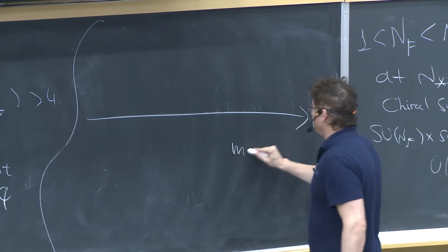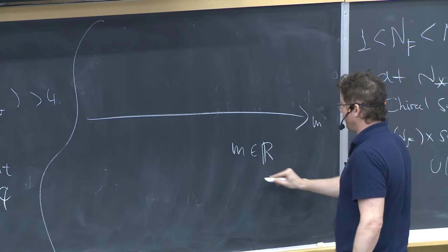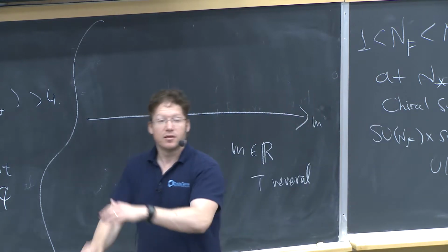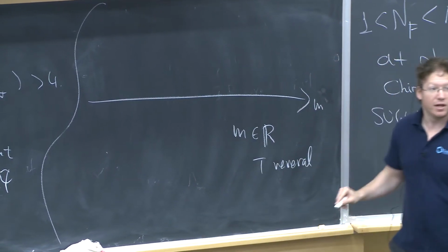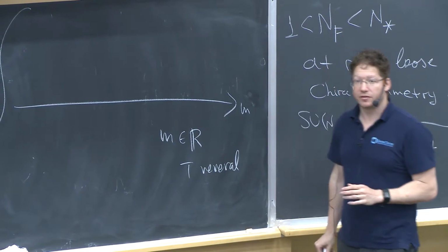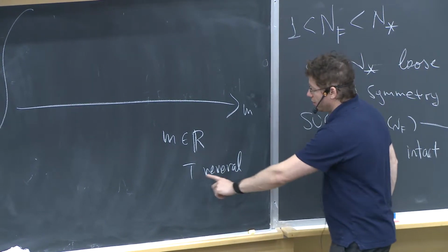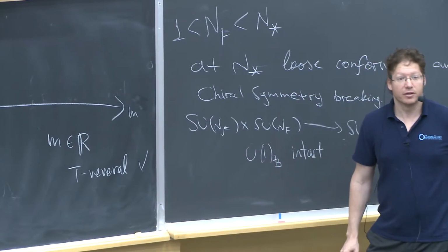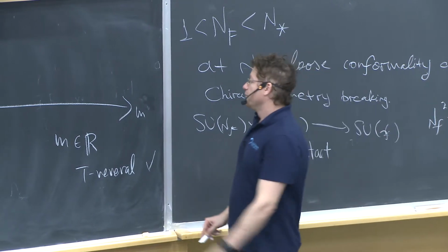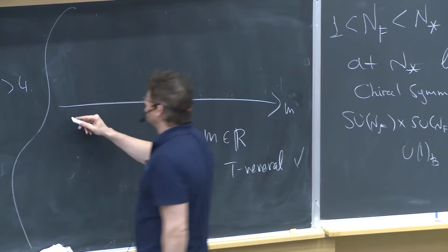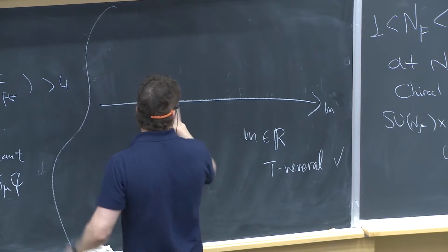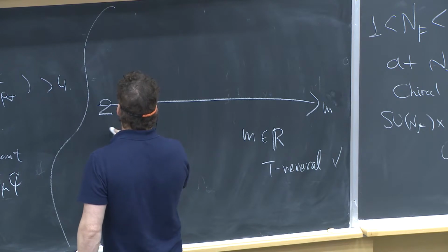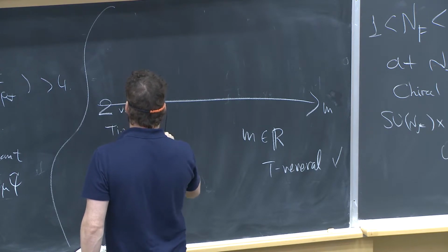So I'm going to choose M to be real, because that choice preserves time reversal. So while M equals 0 is not well defined, real M is defined. If you start from a real value of M, it would remain real under renormalization group transformations, because time reversal symmetry is respected by real values of M, but not by complex values of M. So for M real, you can show that for sufficiently large and negative M, there are two vacua, and time reversal symmetry is broken.